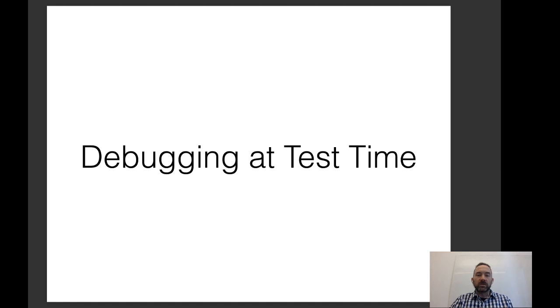Okay, so these were some examples for how you can check your model to see if you're encountering any training time problems. The next thing I'd like to talk about is debugging at test time, and in particular, debugging models for structured prediction like sequence models.